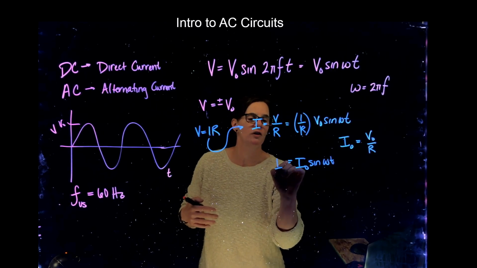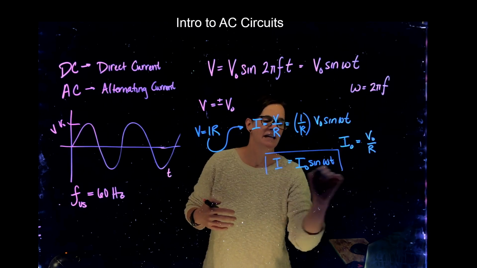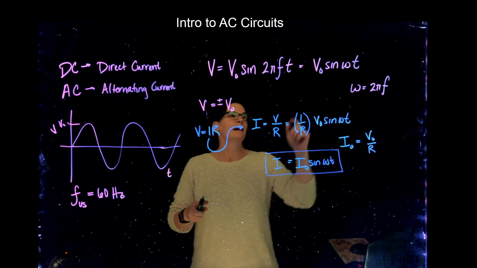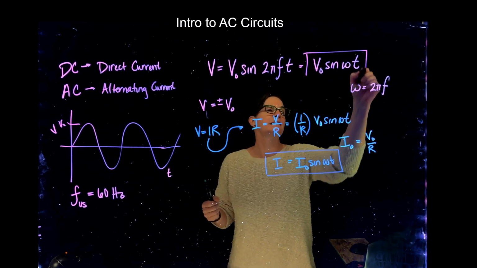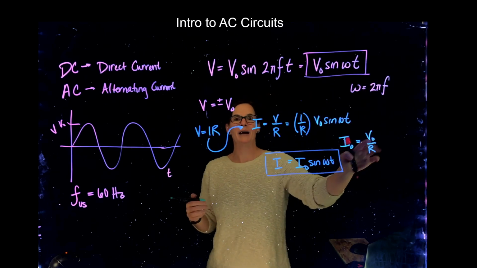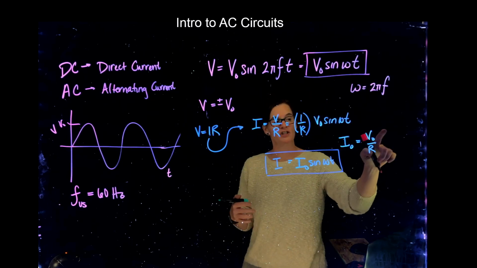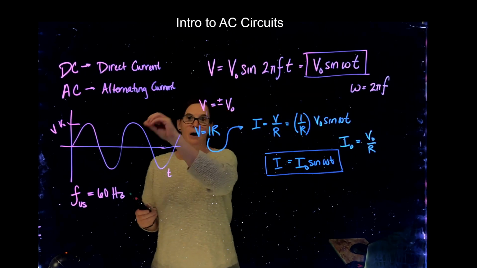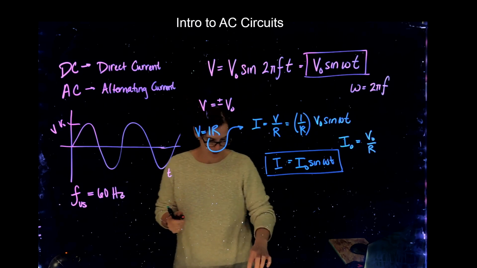So the current in an AC circuit oscillates between a peak current that is defined by the peak voltage and the resistance. So these are the two relationships for how AC currents work.